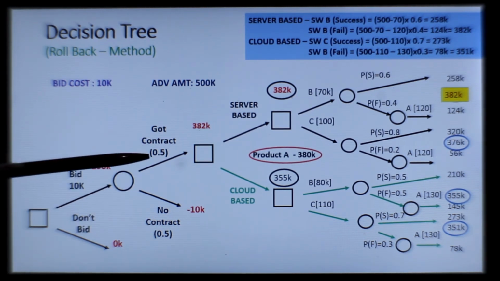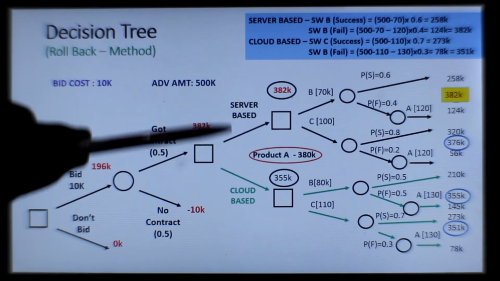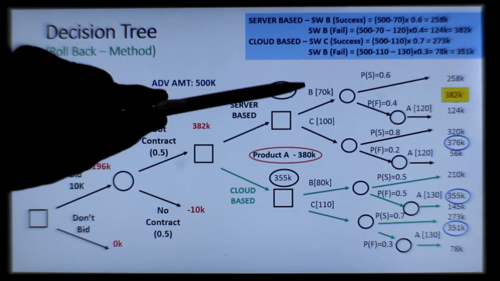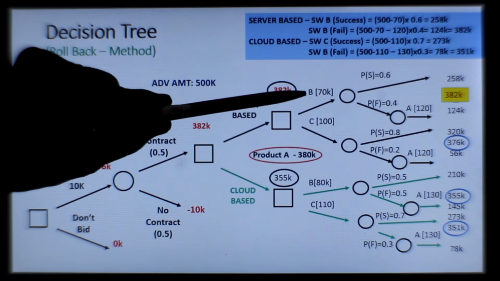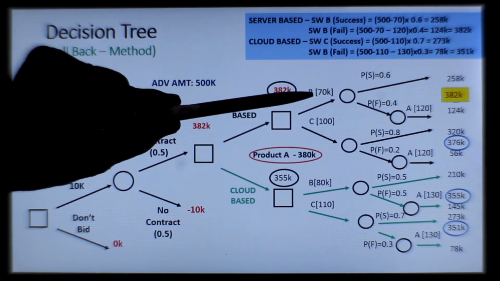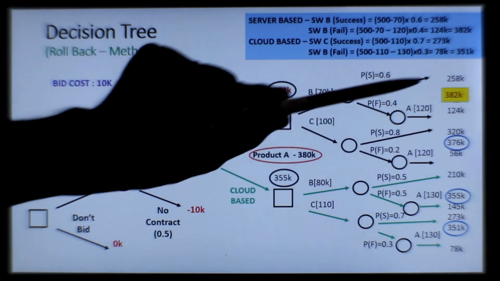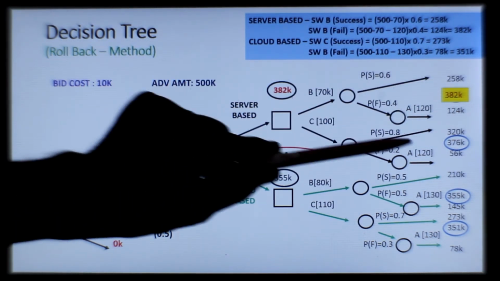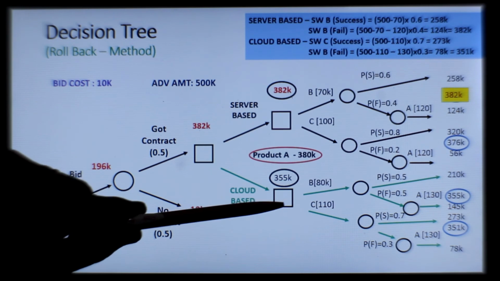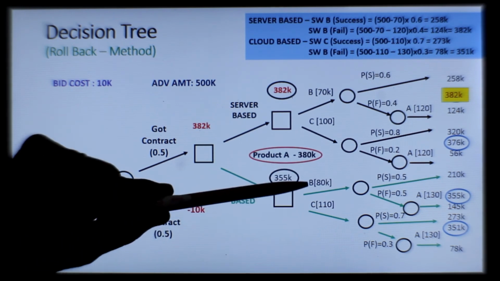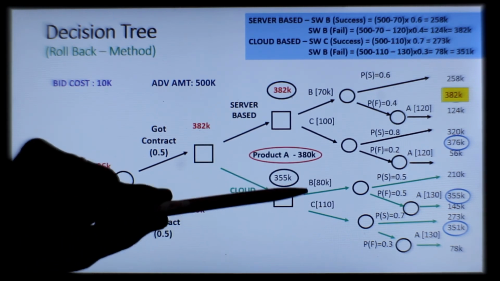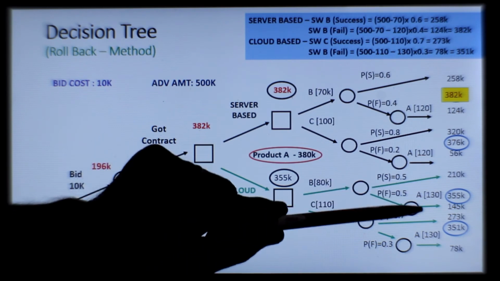It's a question of probability, and it has to decide server based or cloud based, and then buy. If it buys software B, what will be the cash outflow and the associated expected returns, and so too under C. And if it goes for cloud based, the product B and C prices and the expected returns.